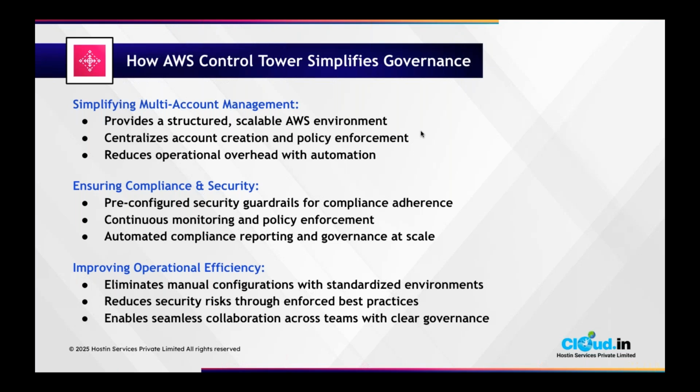Security settings like networking rules and compliance policies are all applied consistently across every account. This reduces the risk of human error, and also ensures that every AWS account is secure and compliant from day one.